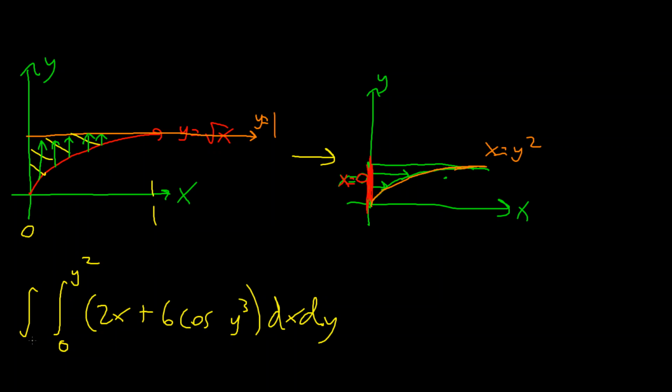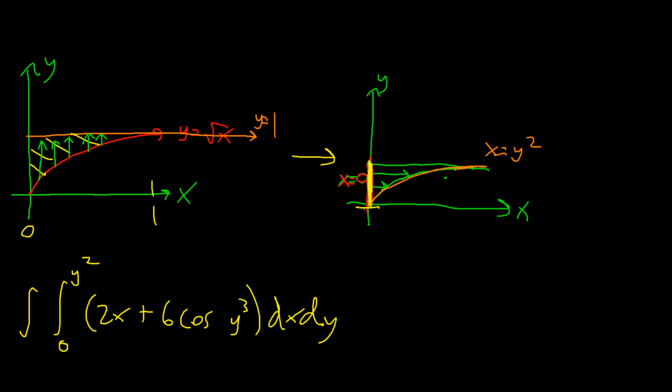Now, to find the limits in y, we have to project this domain onto the y-axis. So if you just take the projection of this domain onto the y-axis, you get this yellow bar that I'm drawing right here.